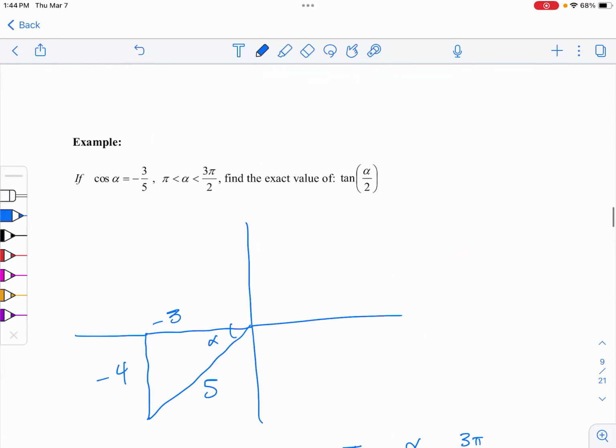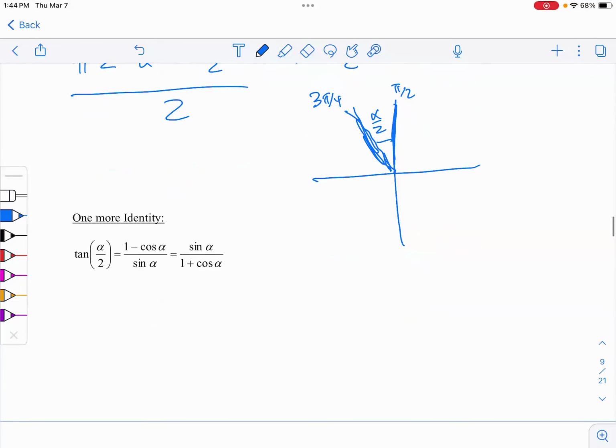All right, so the half angle is a bit different. We are specifically looking for tangent. All right. In quad 2, tangent is positive or negative? Negative. All right.